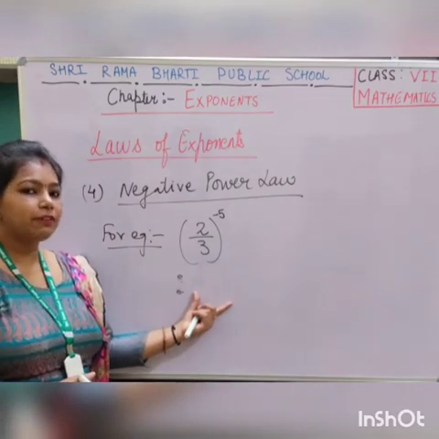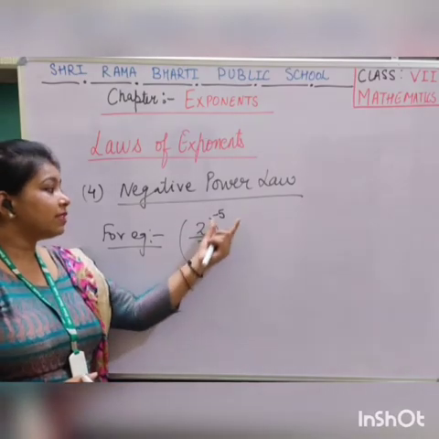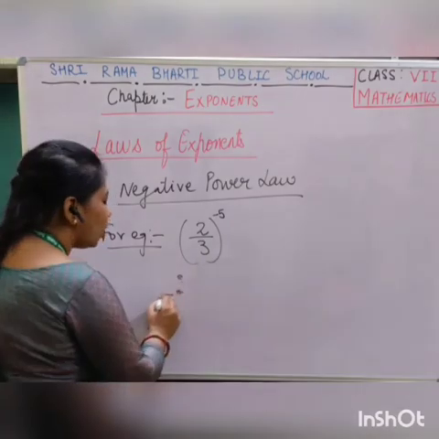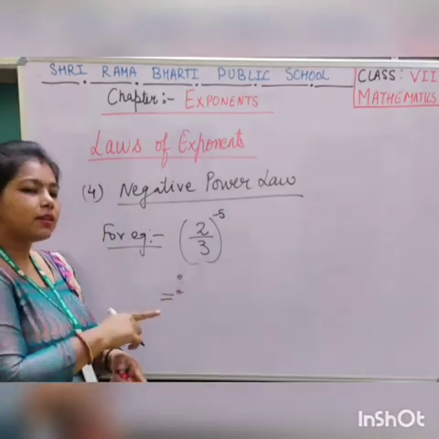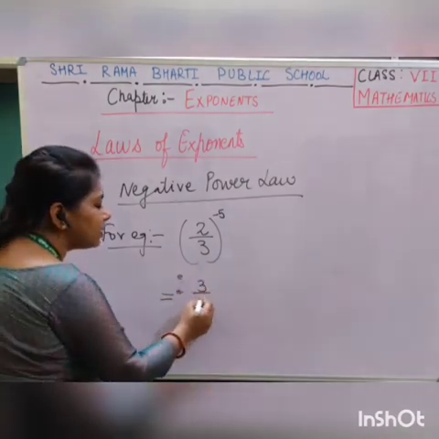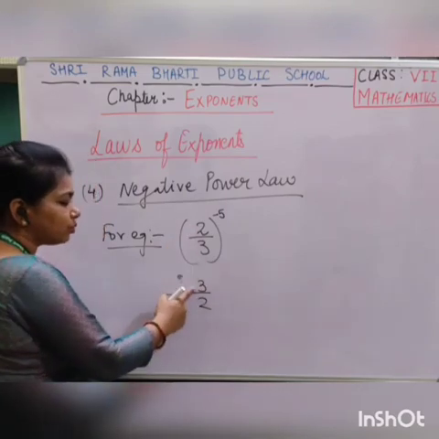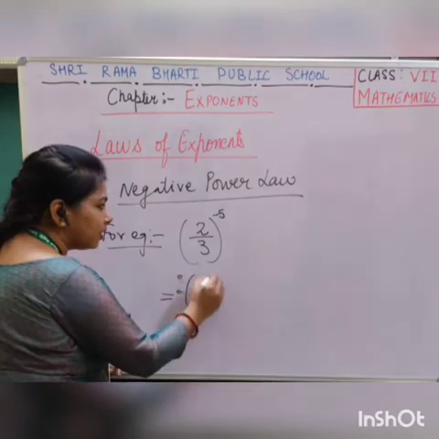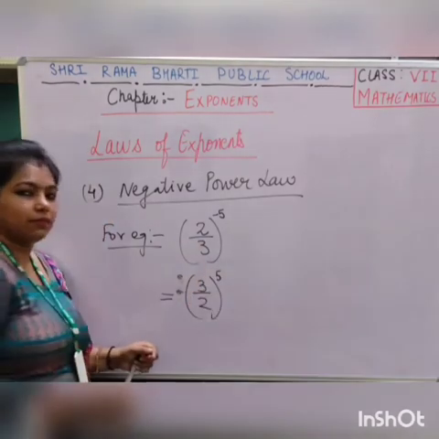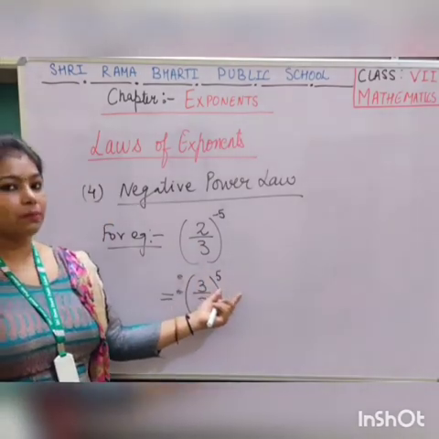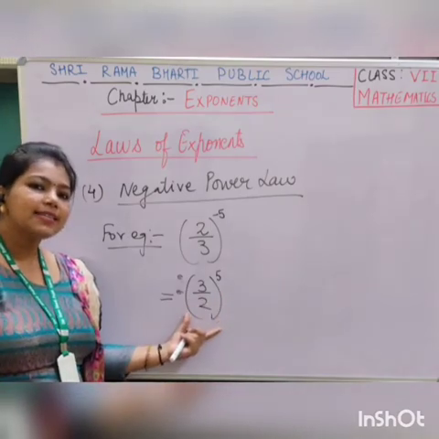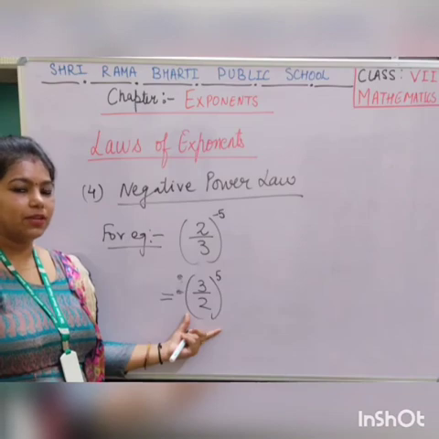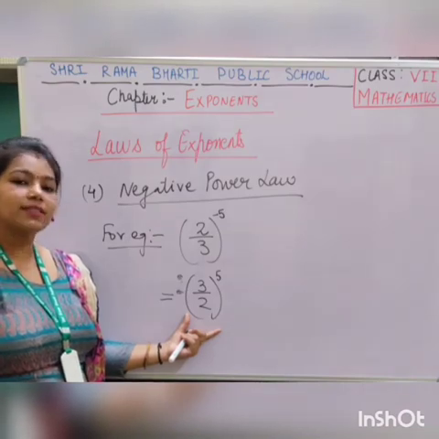So first of all, we will convert the negative power into positive power by flipping the number. When we flip the number from 2 by 3 to 3 by 2, the power will become positive. And the moment the power becomes positive, we can expand it and find the value of the same number. Right? I hope it is clear to you.